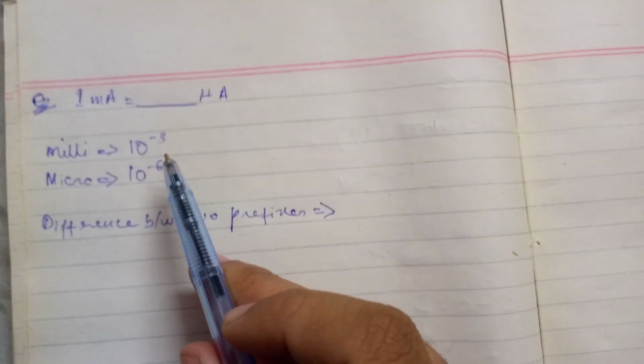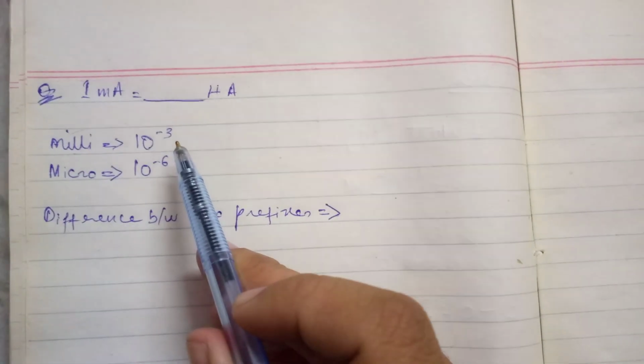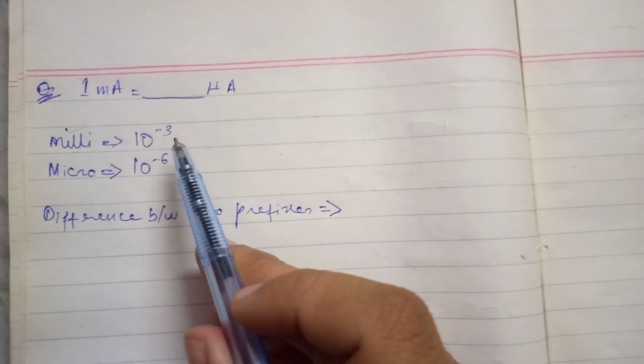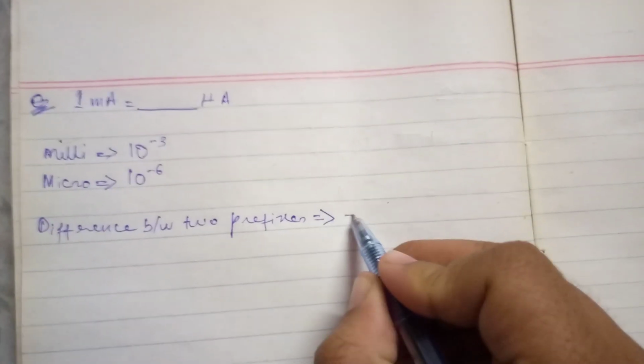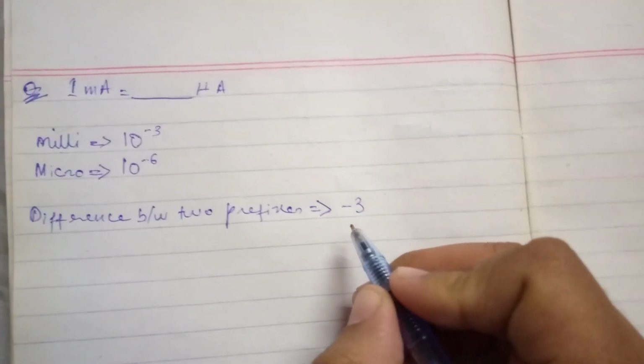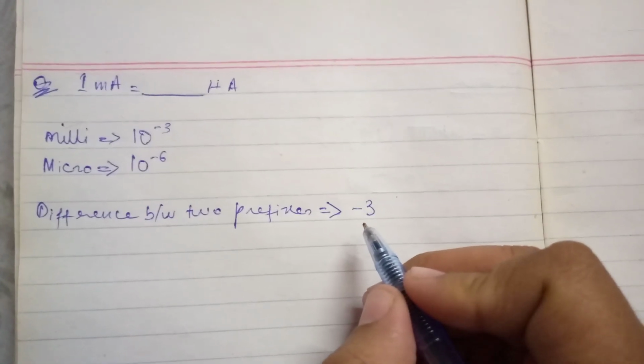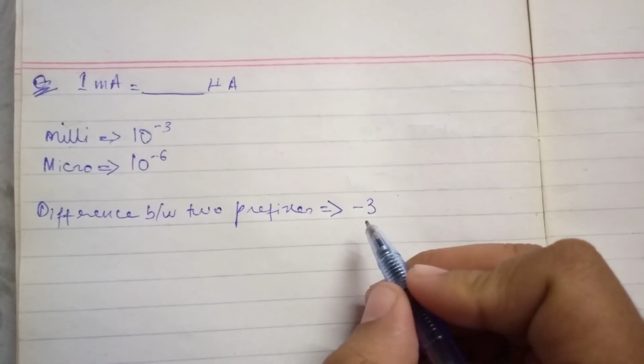The higher prefix is milli and its power is minus 3. The lower prefix is micro and its power is minus 6.